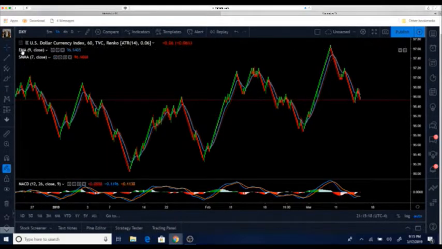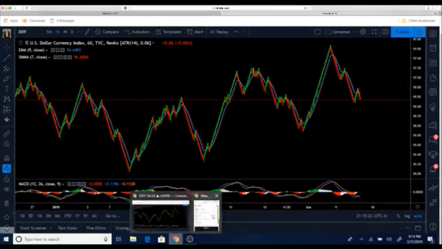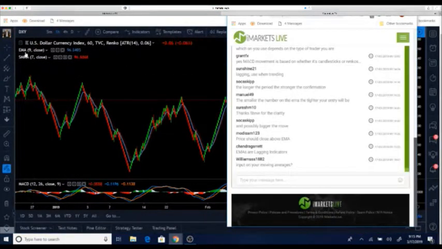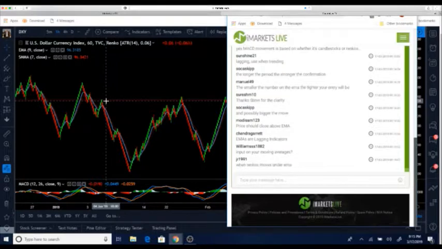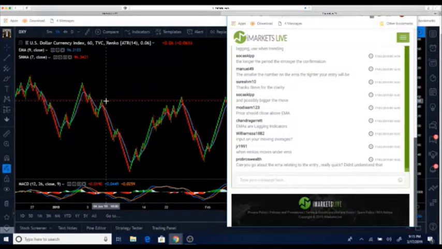Anybody know the difference between an EMA and an SMMA? Anybody want to take a stab at it? Anybody know the difference between an EMA and a smooth moving average? Right?